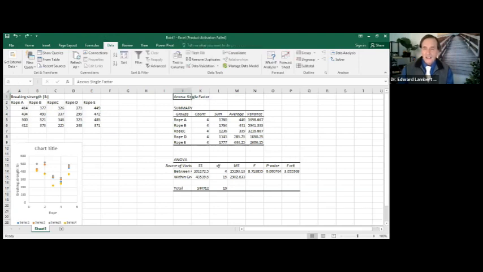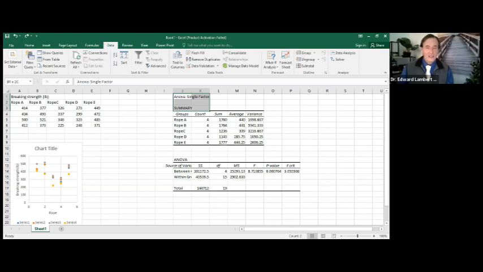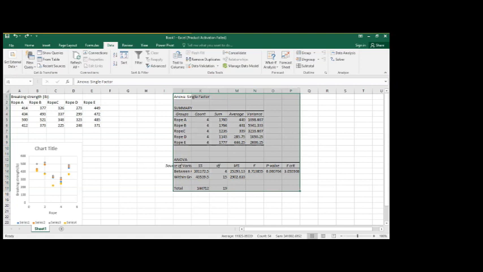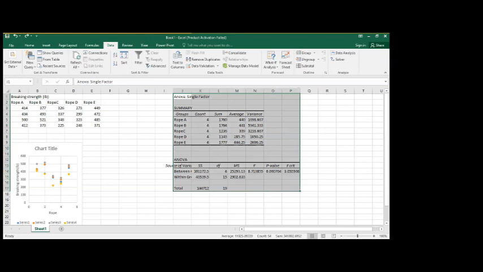Go ahead, Rabia, can you speak? Yes, so you can see the results. Yes, we can see the results, and the p-value is very low. That's the first thing you want to look at, the p-value, right? Would you agree, Rabia?